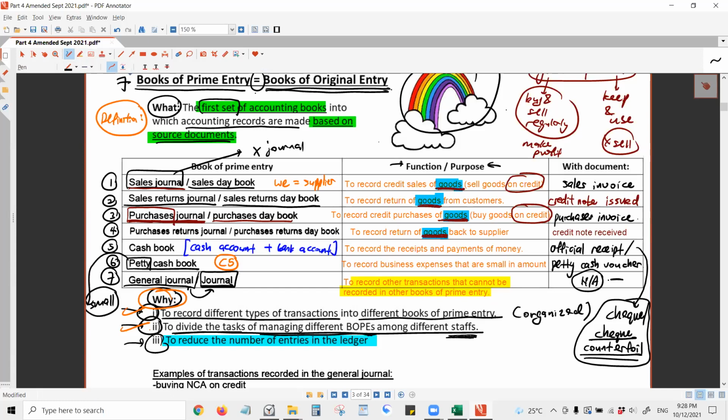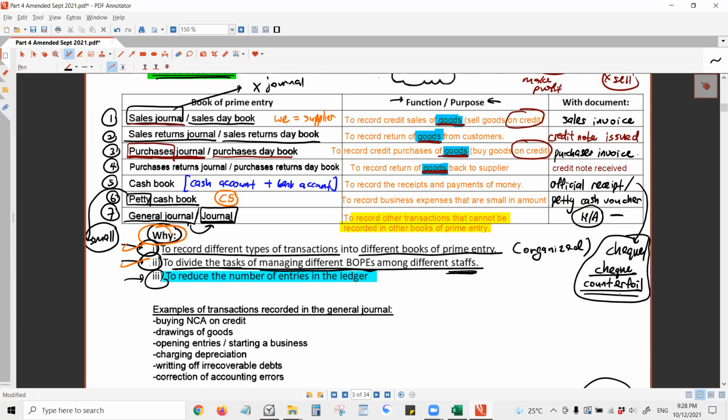Now let me tell you what exactly the function of general journal is. So they tell you that to record other transactions that cannot be recorded in other books of prime entry, right? So basically it means that if you see a transaction and you cannot record into sales journal, you also cannot record that into the sales return journal, you cannot record in other books of prime entry, your last choice is general journal.